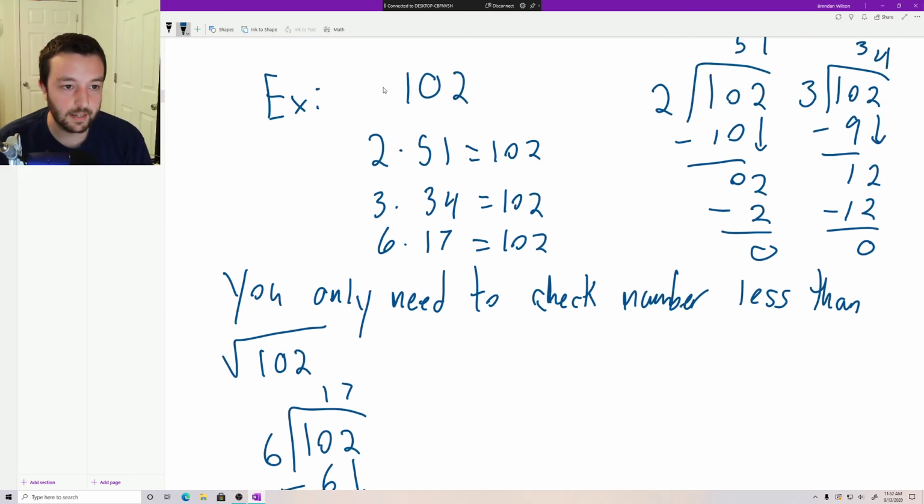Is 102 divisible by 4? It wouldn't be. We didn't write down that test, but again, we can just check the last 2 digits to see if it's divisible by 4. 2 is not divisible by 4, so this is not divisible by 4. It's not divisible by 5 because it doesn't end in a 0 or 5.